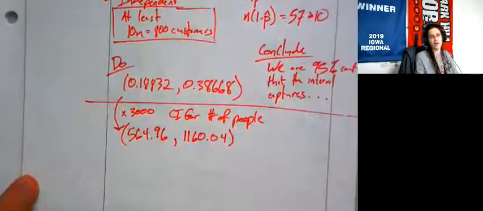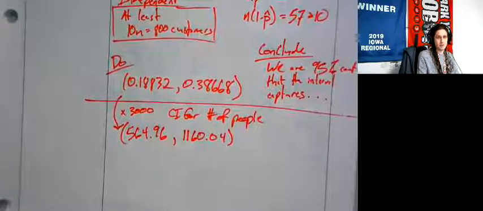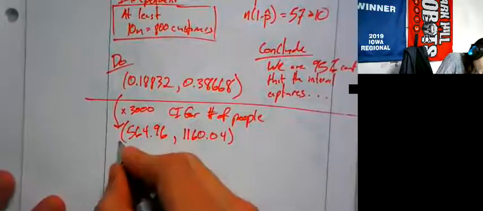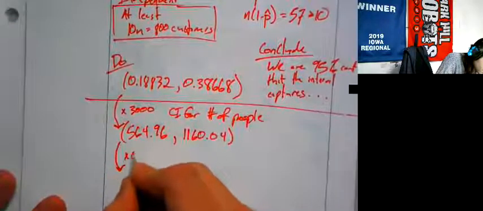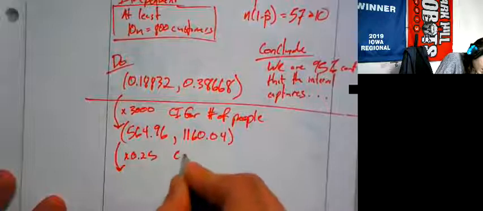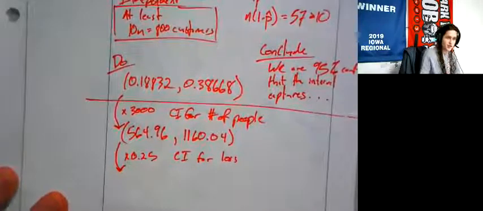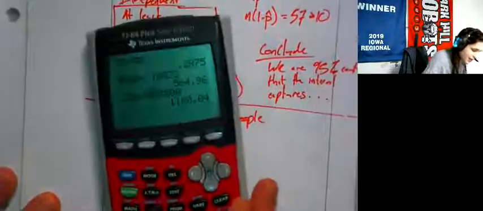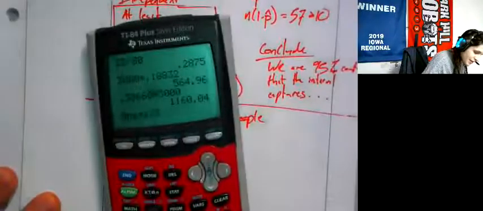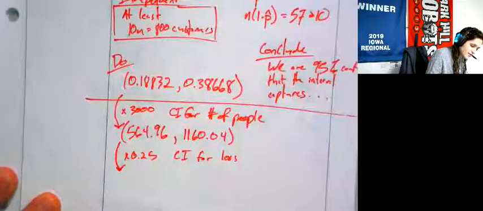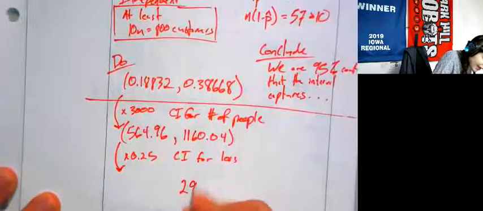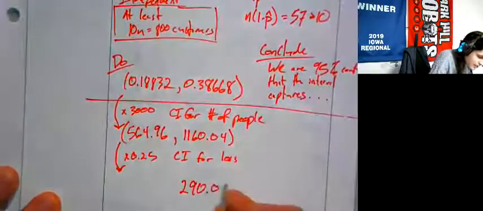Fantastic. So now we have a confidence interval for the number of people that we think are going to steal. Well, if we know the number of people and we multiply it by 25 cents, that's going to give us the confidence interval for the loss due to the thefts. So we multiply each of those bounds by 25 cents. I'll multiply the upper bound since I've already got it up on the screen, and that gives us an upper bound of $290.01.